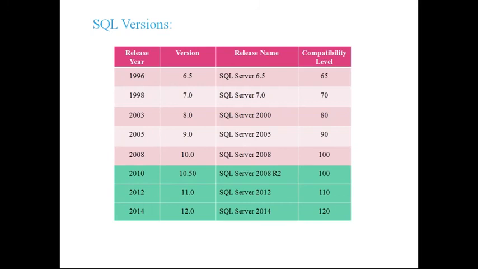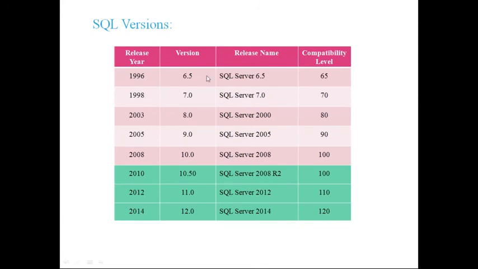The SQL version started when Microsoft released the first SQL version, 6.5. The first column gives you the release year, in which year the version was released, the second is the version number, the third column is the release name, what name Microsoft has given to that software, and the last one is the compatibility level, which is very much about the SQL technology.